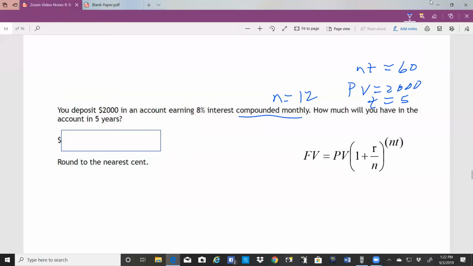And so the future value is going to be the present value, which is 2,000, times 1 plus 0.08, make sure you plug the correct things in, 0.08 over N, which is 12, to the NT, which is 60.